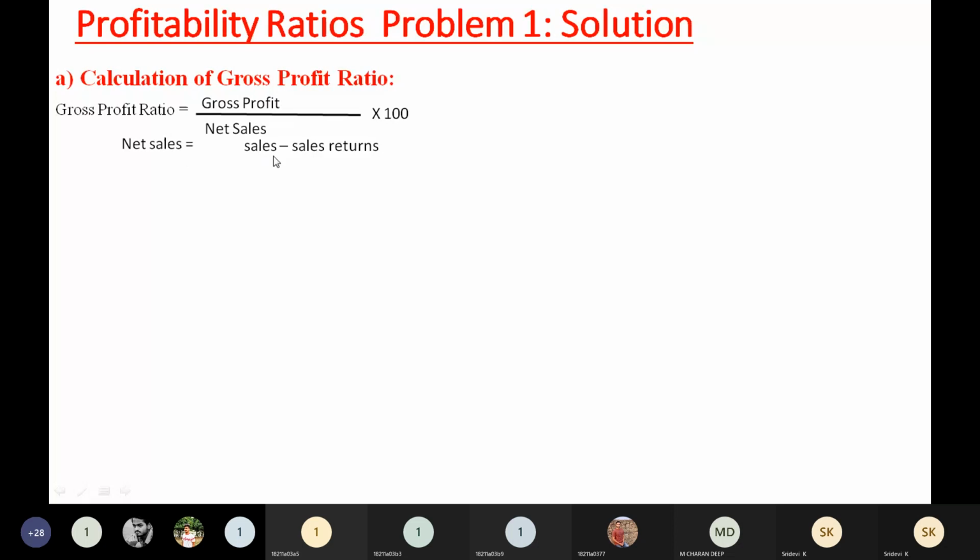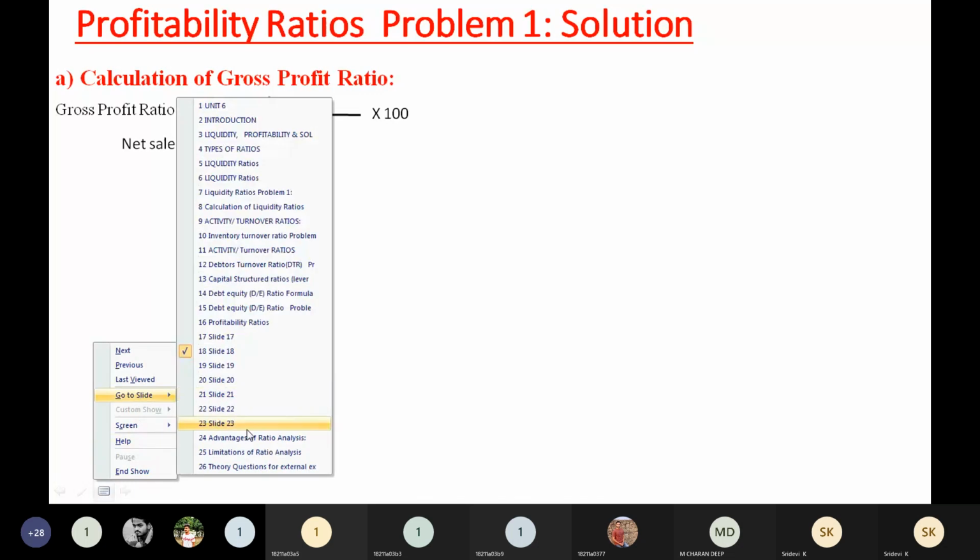But if the problem mentions sales and sales returns, then deduct the sales returns from the sales. As we have seen in this problem, let us see the previous slide. Go to the previous slide.